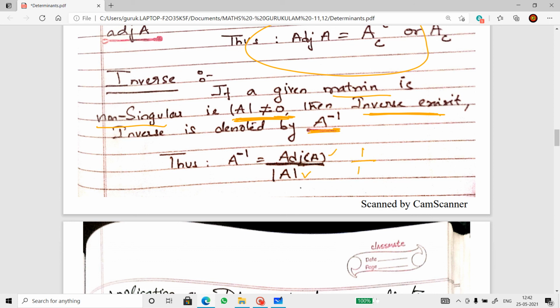The inverse will exist only when the matrix is non-singular, that means the determinant should not be equal to 0.